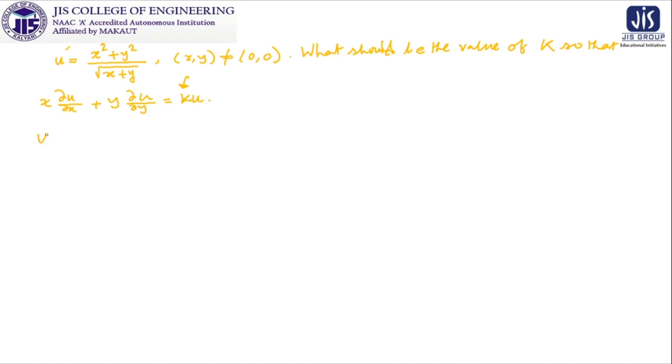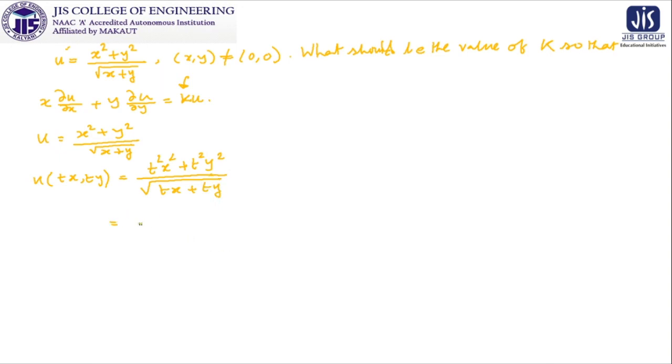So what is the function under consideration here? U is equal to x square plus y square by root over x plus y. We have to check whether this is actually, you can write it as u is a function of x and y. So we will check u of tx, ty, you can write lambda x, lambda y, anything. So it will be t square x square plus t square y square by root over tx plus ty.